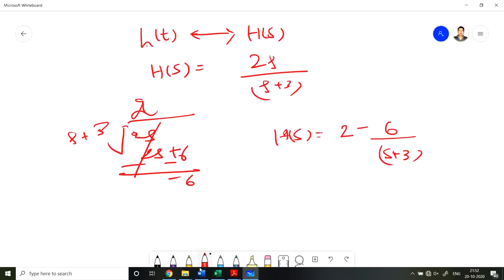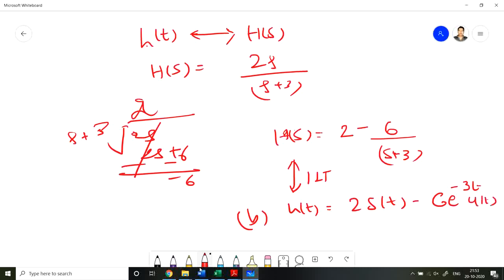Now if we find the inverse Laplace transform, then h(t), the impulse response, is given. So part b is to find the impulse response. The impulse response of the system is 2 delta(t) minus 6 e raised to the power minus 3t into u(t). Please check this.